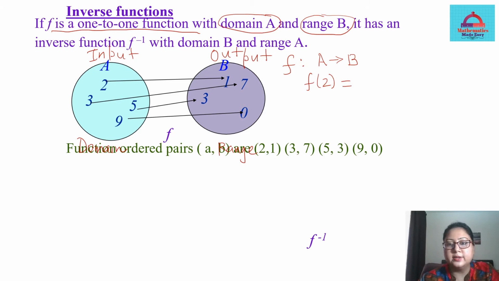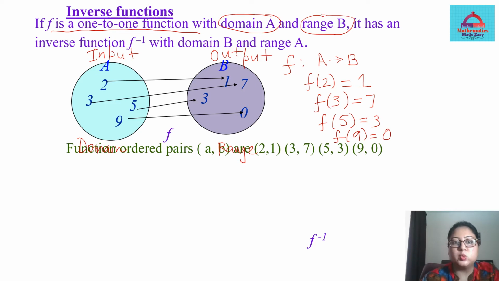So f of 2 is 1, f of 3 is 7, f of 5 is 3, and lastly f of 9 is 0. This is the way I'm defining this one-to-one function with the domain A and the range B.